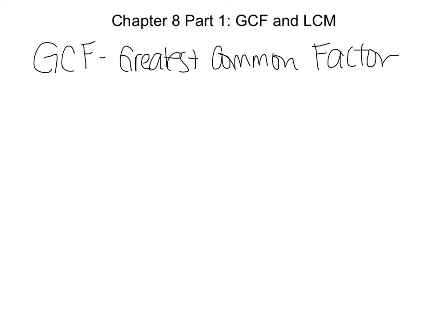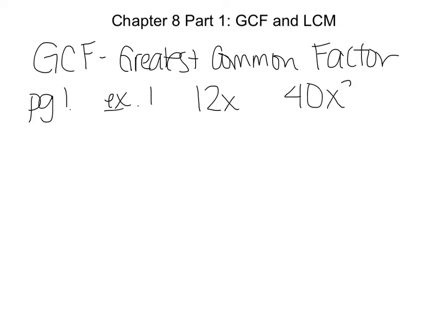And we're going to start with some examples from the first page of the packet. So this is page 1, and this is example 1. We have 12x and 40x squared. So in class, I had said that we're going to do a factor tree. You may or may not remember how to do a factor tree, but basically you're taking the 12 and you're going to write down what times what gives you 12. So I'm going to do 3 and 4.